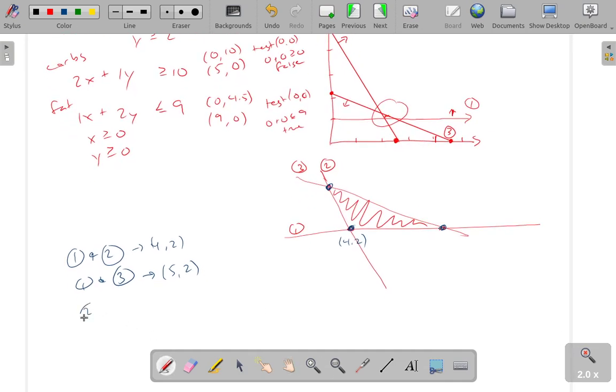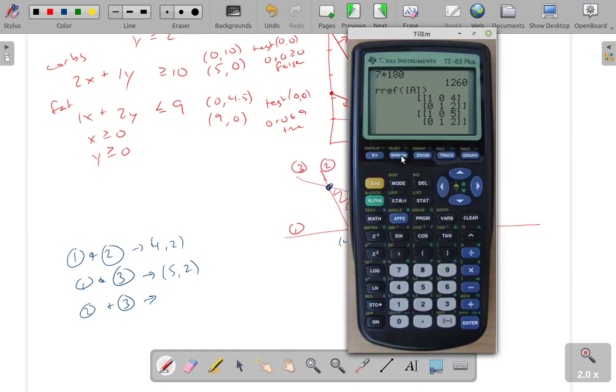And the intersection of lines 2 and 3, that's this point right here. You can see there's line 2, line 3. Let's figure out where that is. 2x plus 1y equals 10, and 1x plus 2y equals 9. Run RREF on that one.